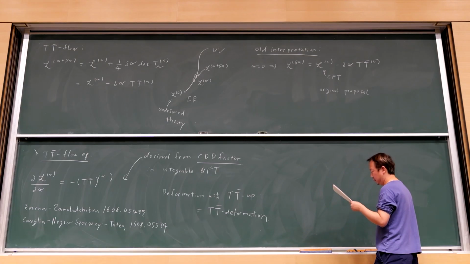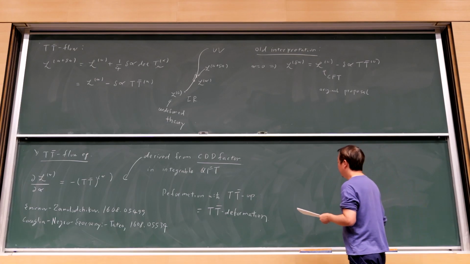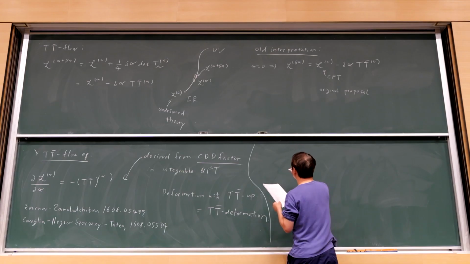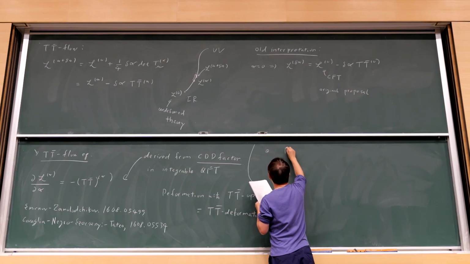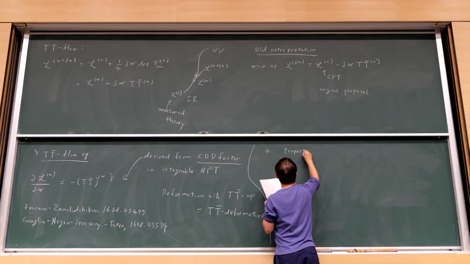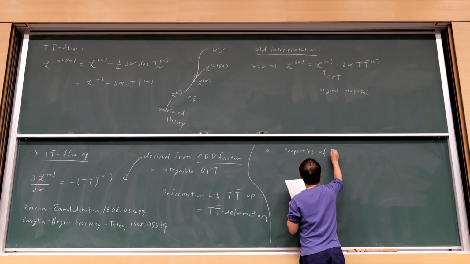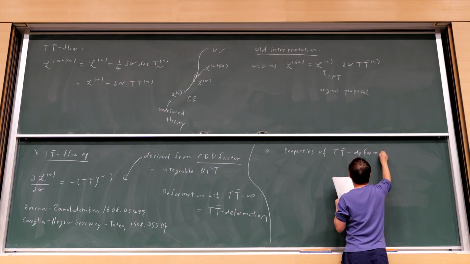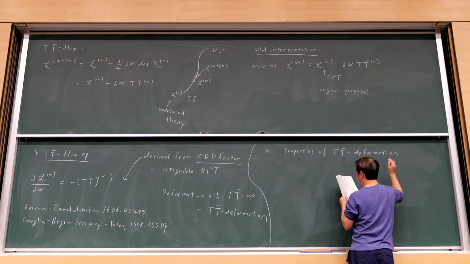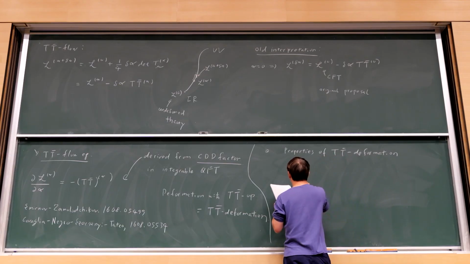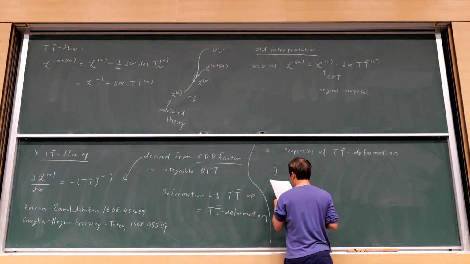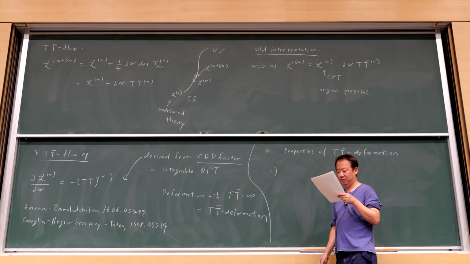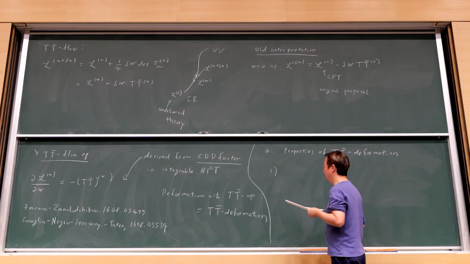Okay, so I would like to list some properties of TT bar deformations. First of all, the TT bar operator is well defined only in two dimensions at the quantum level.